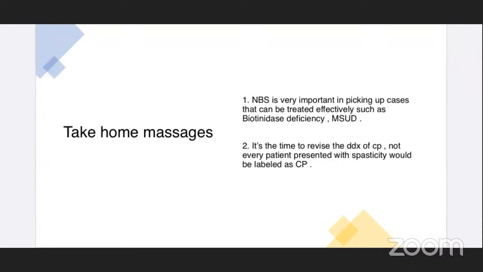Not every patient who presents to our clinic or emergency department with spasticity, dyskinesia, or any abnormal movement or movement disorder should be labeled as cerebral palsy. We have a lot of mimickers for cerebral palsy, and it's not fair for the patient to be labeled as cerebral palsy when he has a different disorder or disease.